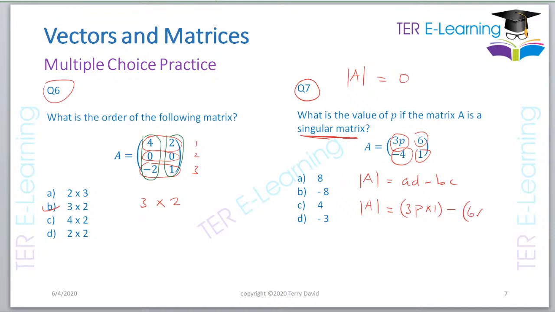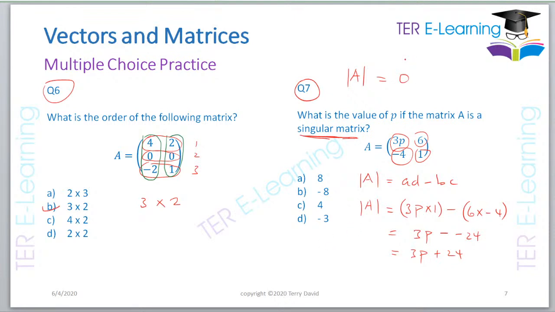So it's 6 by minus 4. So therefore 3P multiplied by 1 gives me 3P, minus 6 by minus 4 gives me minus 24. So therefore 3P minus minus, this will be a plus 24, right? So right now I have an expression for my determinant.